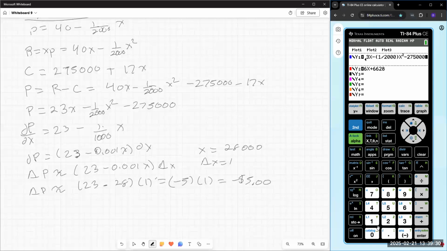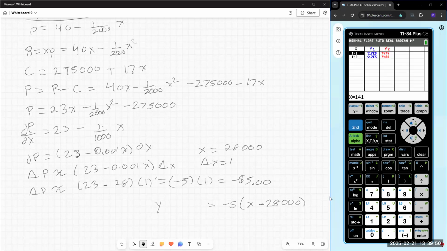That y will be equal to -5 times x minus 28,000, plus 23,000 over here.